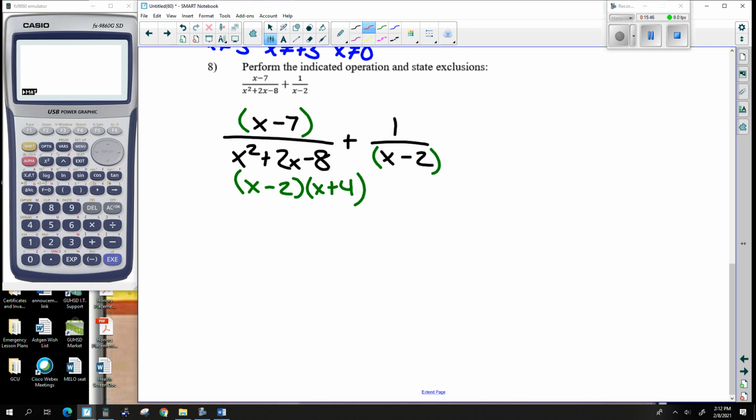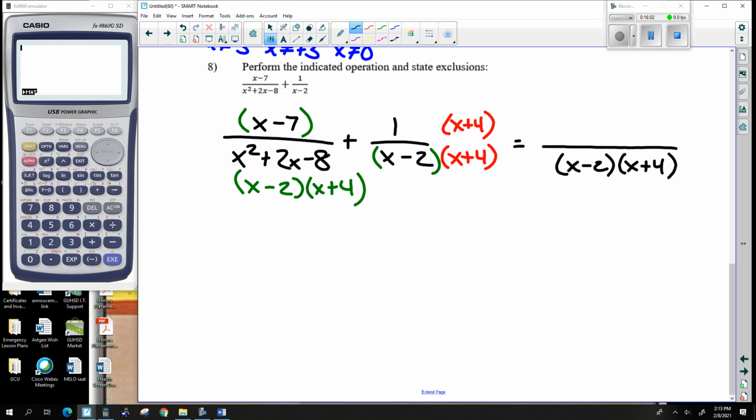This already has a minus 2, so this side needs a plus 4, and that's about it. All right, so left-hand side is x minus 7, right-hand side is x plus 4.